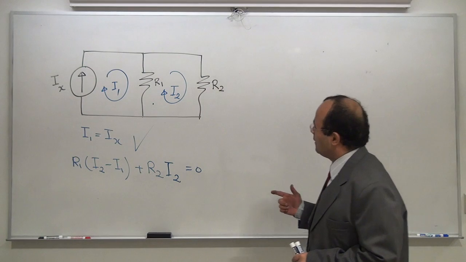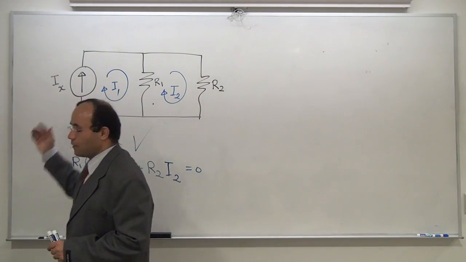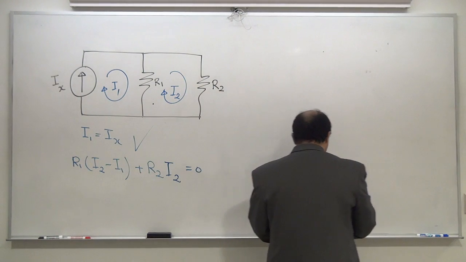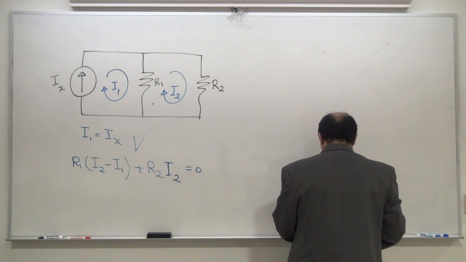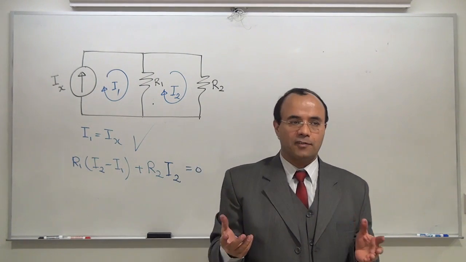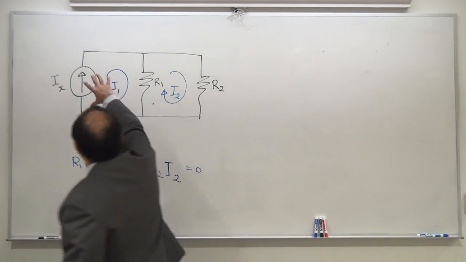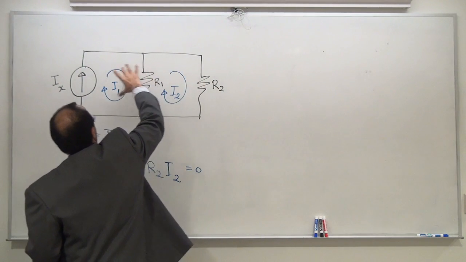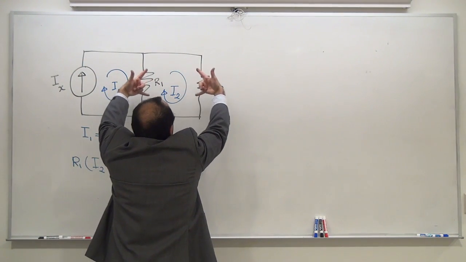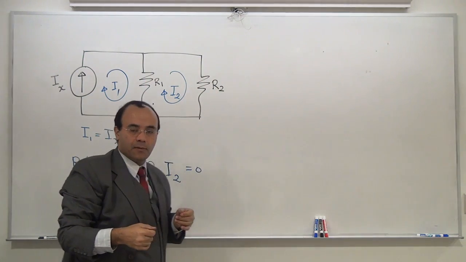But you see, this structure is constructed of three components in parallel. You remember when we talked about parallel structures, we said that parallel structures enjoy a number of simple properties. The voltages are going to be the same, the way they are connected head to head and toe to toe.